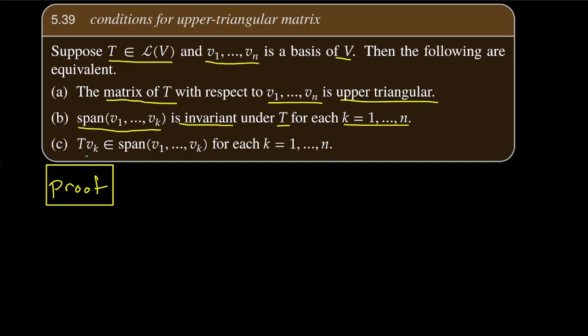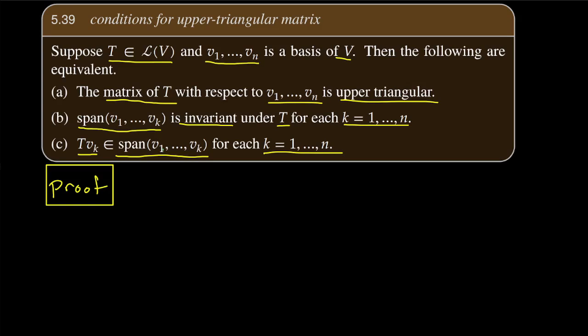And then finally, equivalent to this, as well as equivalent to the upper triangularity of T, is the statement that T of vk is in the span of v1 through vk for each k between 1 and n. Kind of cool. Among other things, let's look at this last one and think about it really quick. It says that T of v1 is in the span of v1. This tells us something cool.